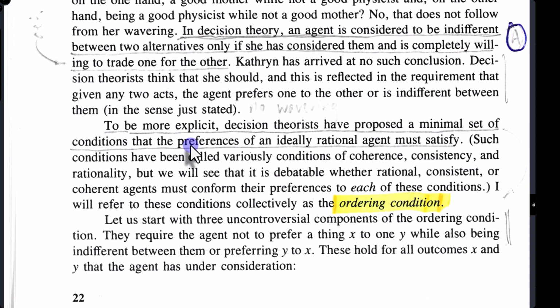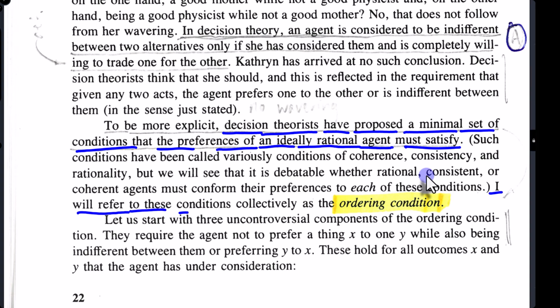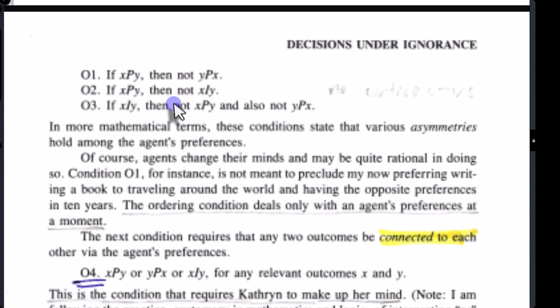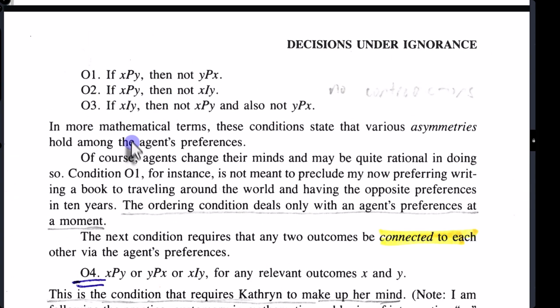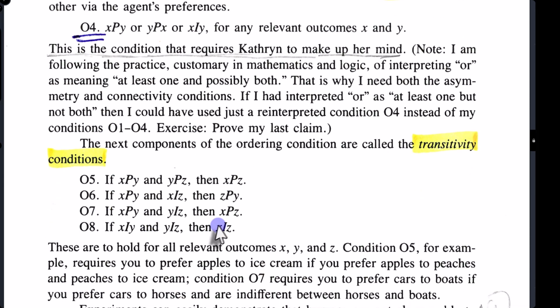Now, let's look at this. Decision theorists have proposed a minimal set of conditions that the preferences of an ideally rational agent must satisfy. I will refer to these conditions collectively as the ordering condition, and then the 8 components of the ordering condition are O1 through O8 on the next page.